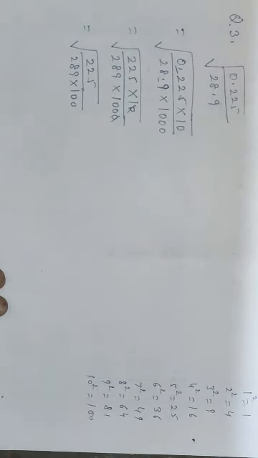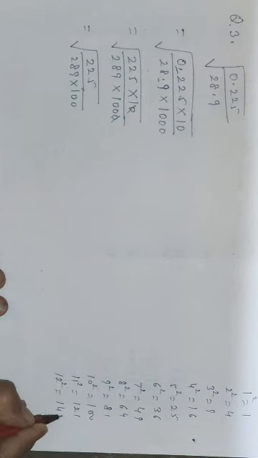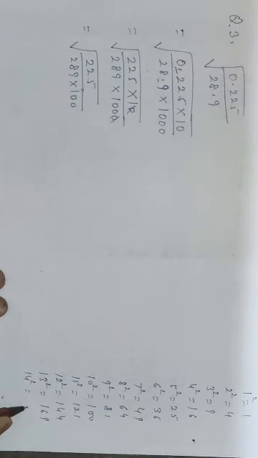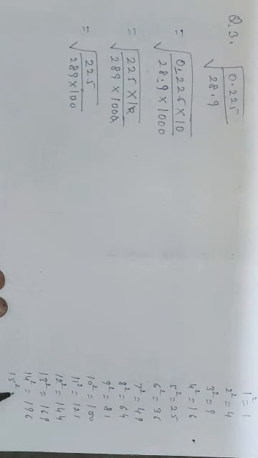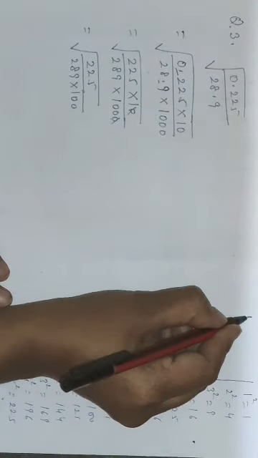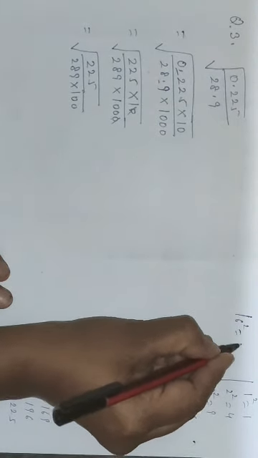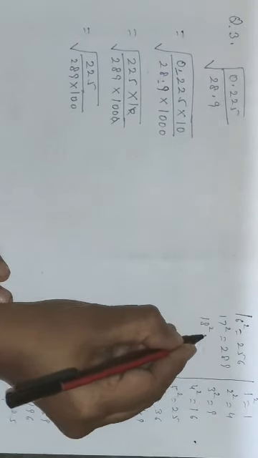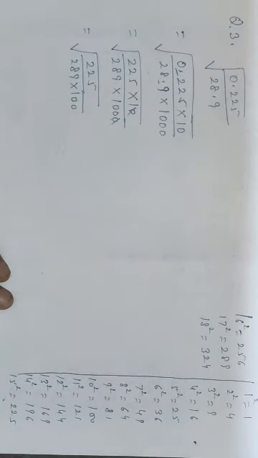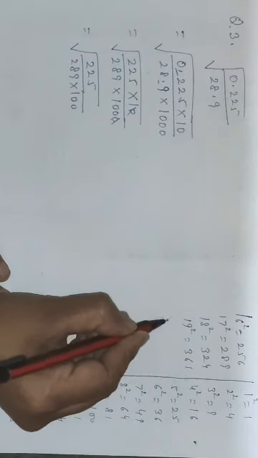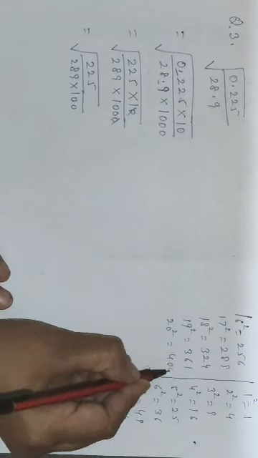10 square 100, 11 square 121, 12 square 144, 13 square 169, 14 square 196, 15 square 225, 16 square 256, 17 square 289, 18 square 324, 19 square 361, and the square of 20 is 400.